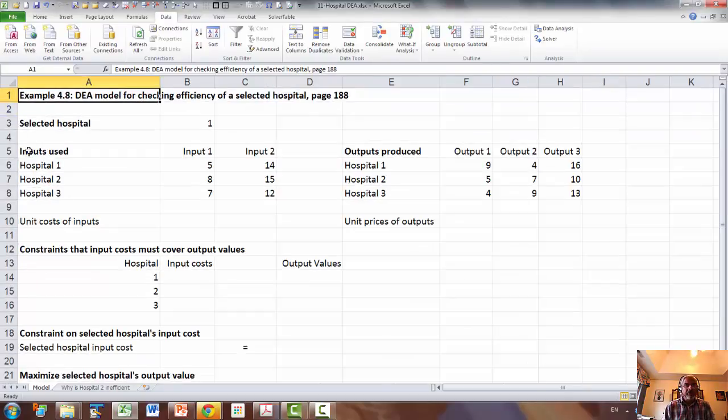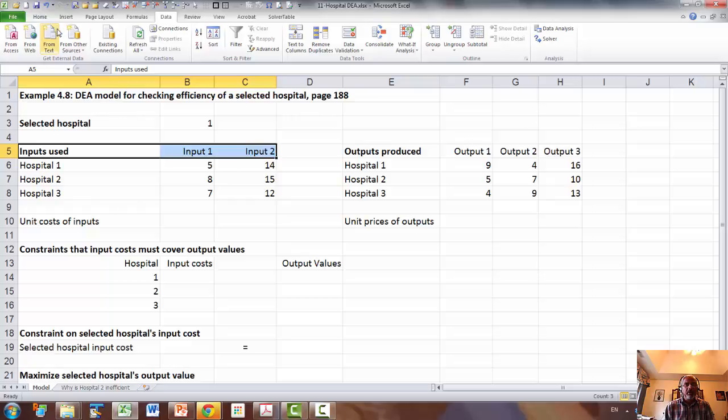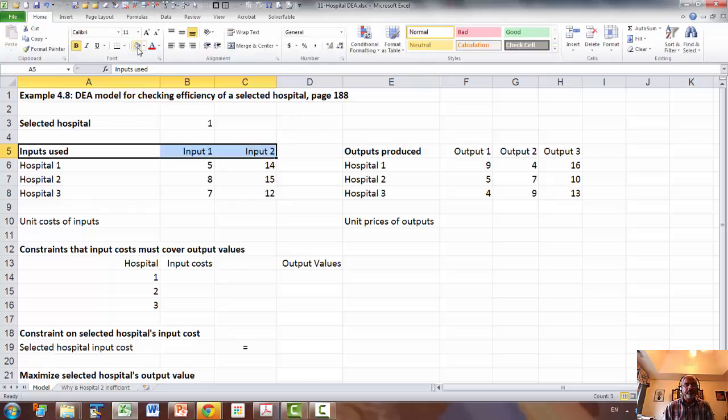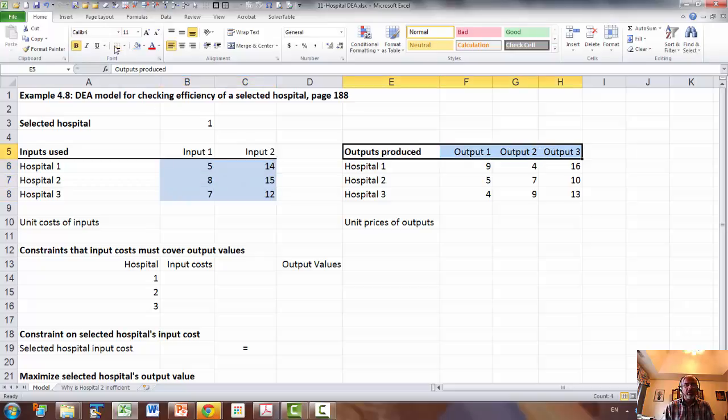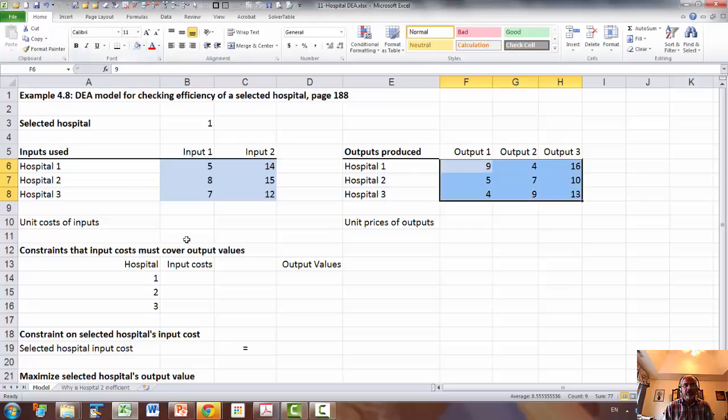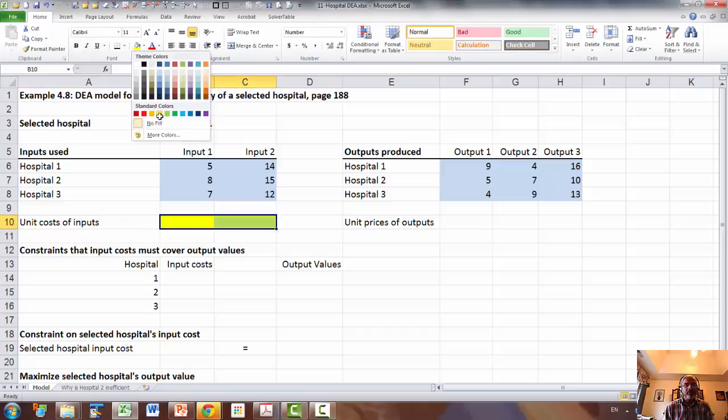So here this is the input, and these are the outputs. Okay. Now we want to price these inputs. Okay, so that's what we want to find.